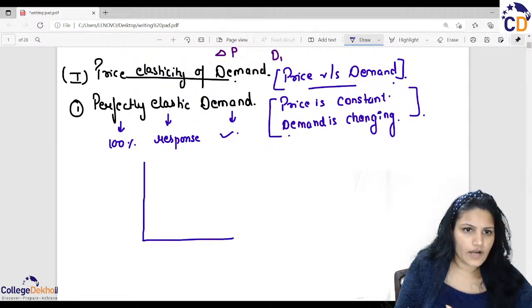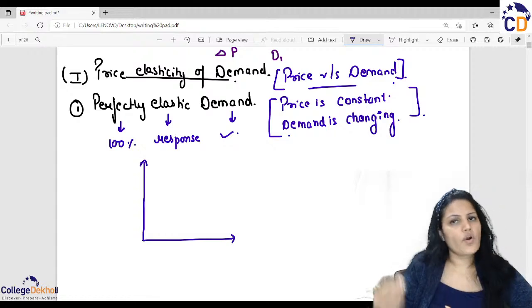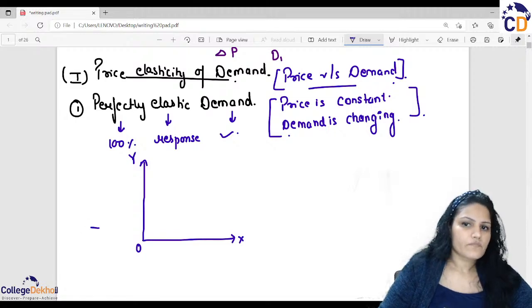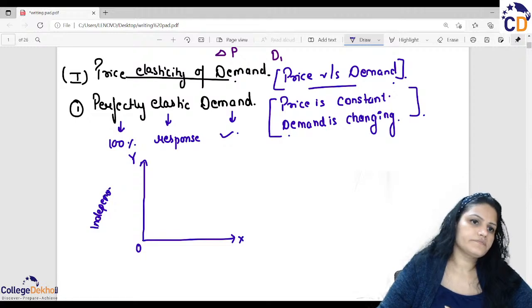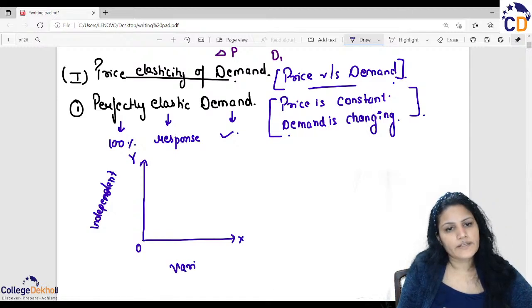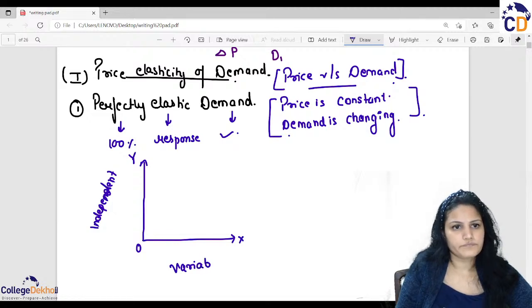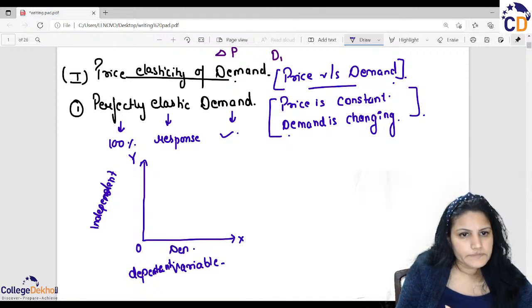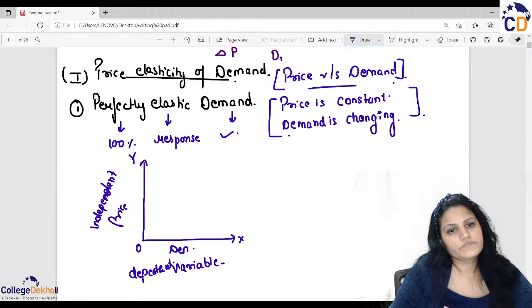So here is our graph. As I already told you, this is the y-axis, this is the x-axis, and this is 0. Here we define the independent variable, and here is your dependent variable. Here will be your demand, and here is your price.